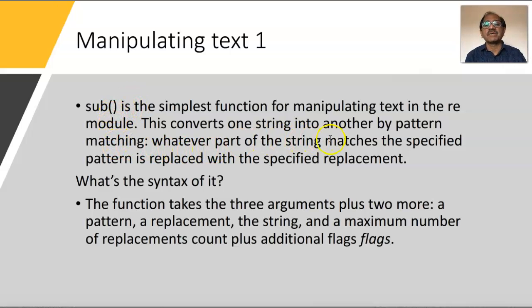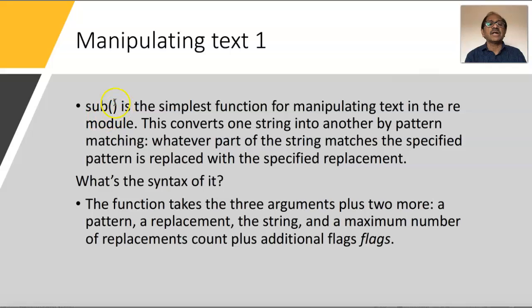Whichever part of the string matches the specified pattern is replaced with a specific replacement. For example, remember when we did plurals, we had Y-ending words, so Y can be replaced with IES.